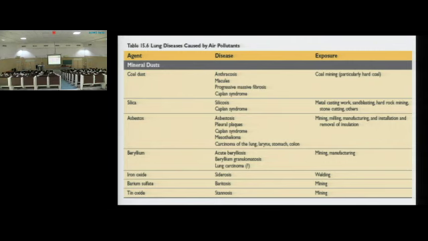These things can be asked in multiple choice questions, like stannosis is caused by, right? It is caused due to the tin oxide. Then siderosis is caused due to the iron oxide, and barytosis is caused due to the barium sulfate. So these things you have to remember because they can be asked in multiple choice questions.